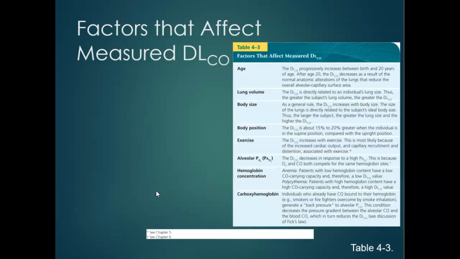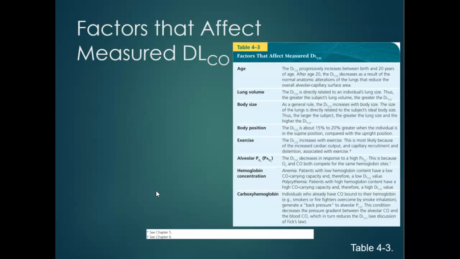Hemoglobin concentrations: again, if I'm anemic, I don't have a lot of hemoglobin available, so there's not space for that carbon monoxide to bind to. So I'll have a low DLCO value. Polycythemia is patients that have high hemoglobin concentrations, so a high carrying capacity for CO and a higher DLCO value.